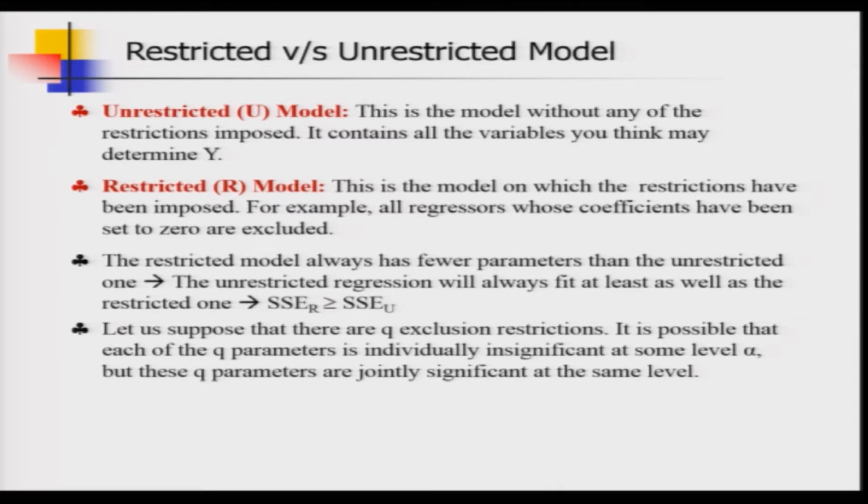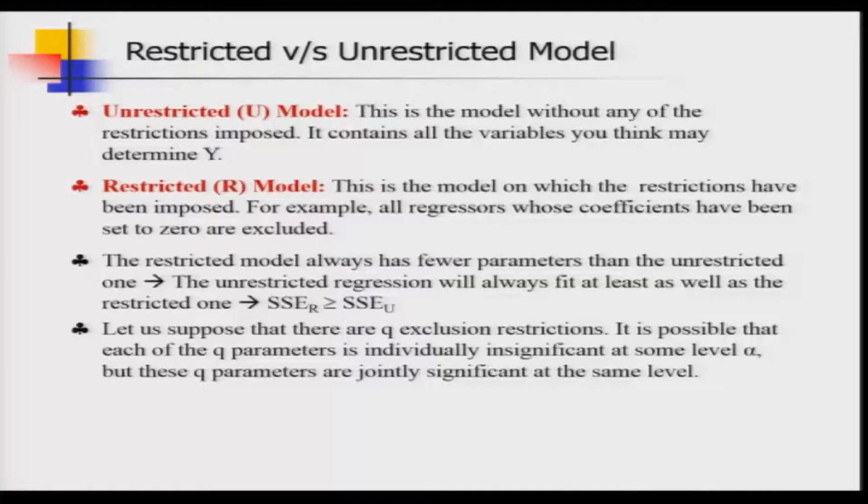Now note that the restricted model works with a smaller number of explanatory variables. So, no wonder that for the restricted model, the sum of squared errors is going to be a bit higher than for the unrestricted model, and we can make a similar observation for R square. As this slide shows, the unrestricted regression will always fit at least as well as the restricted one.